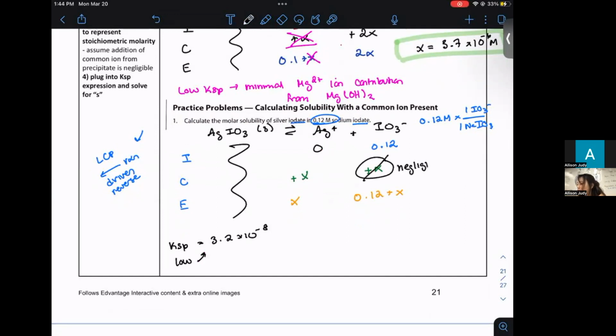The contribution of your actual solid giving you some iodate is basically insignificant compared to the solvent's contribution. It's going to be a times 10 to the 8th tiny amount added, but our solvent provides in the second digit place of a decimal.